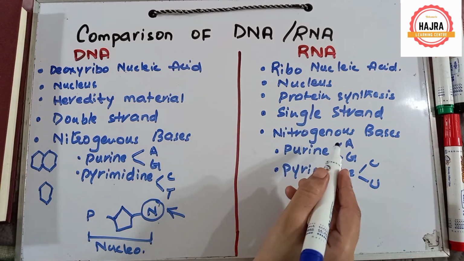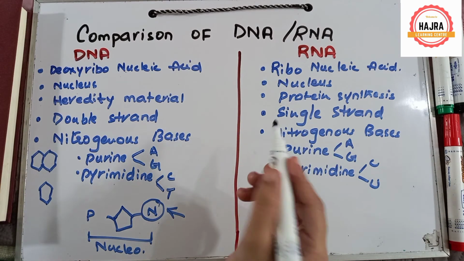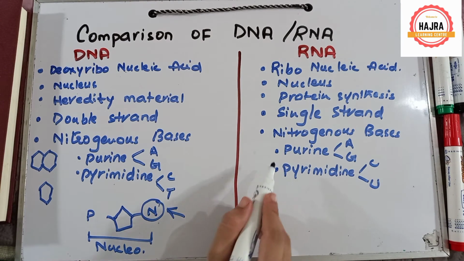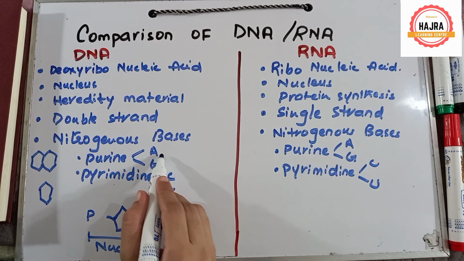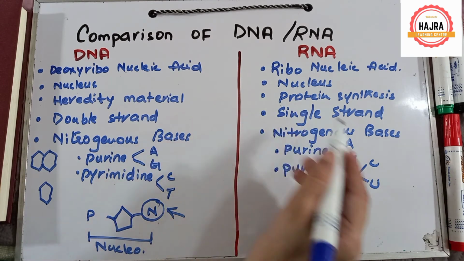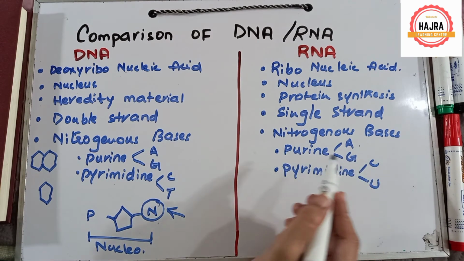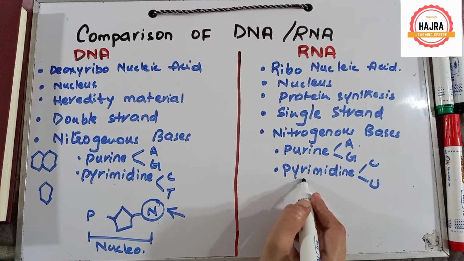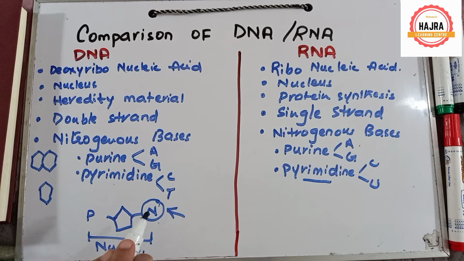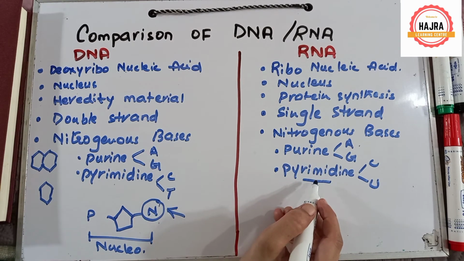Now look at RNA. RNA has the same kinds of nitrogenous bases, purine and pyrimidine. The purines are adenine and guanine, as in DNA. But there is a little difference in RNA.